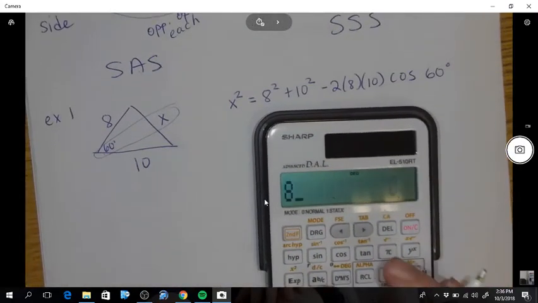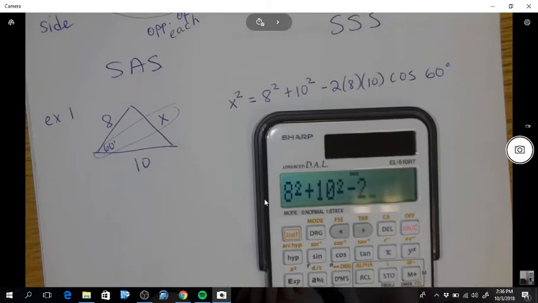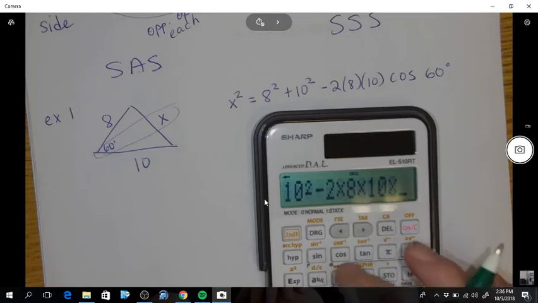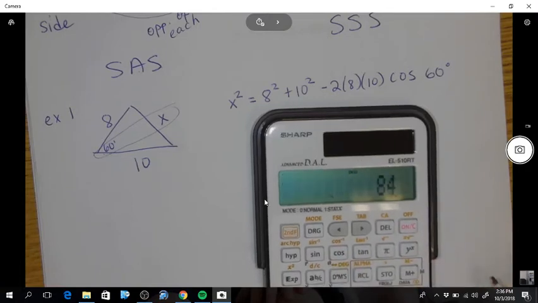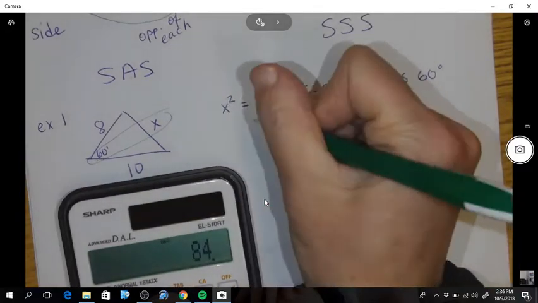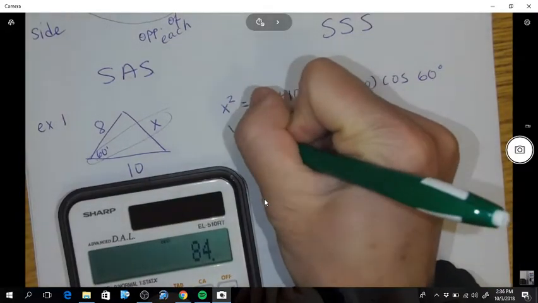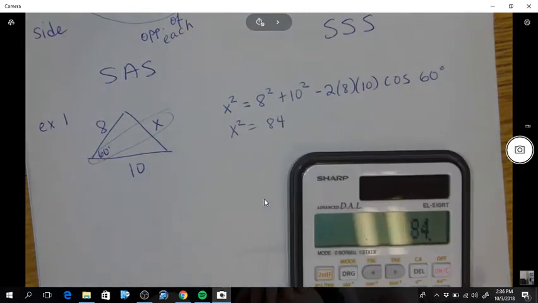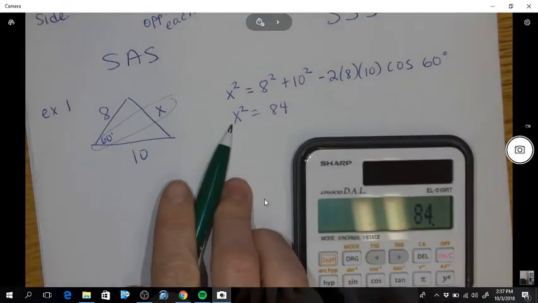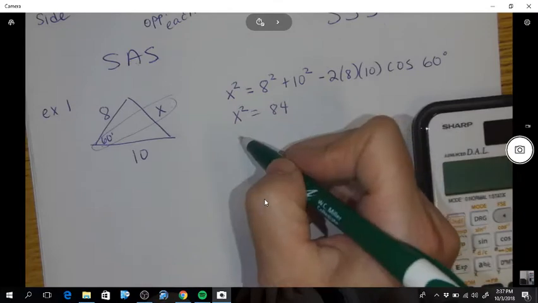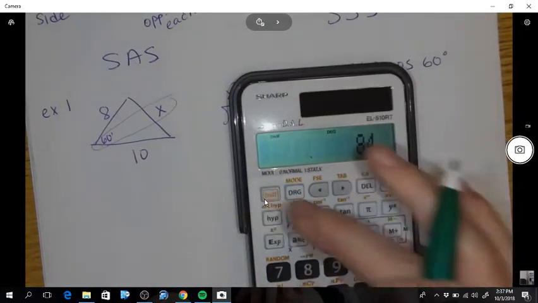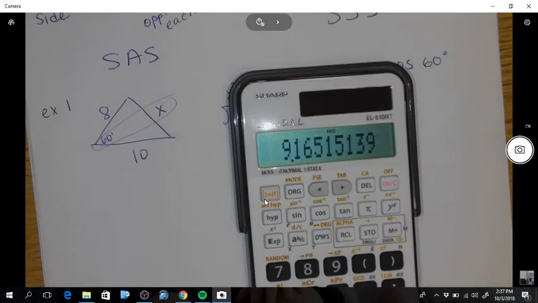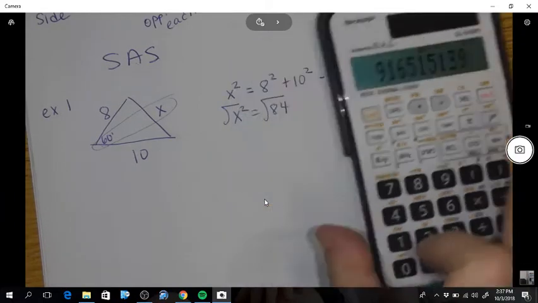So 8 squared plus 10 squared minus 2 times 8 times 10 times cos of 60 equals, and you get 84. Okay, so that's 84, but the formula gives me a value for x squared, so if I want to know x, then I would square root. So I'm going to square root my answer, and my side length is 9.17.